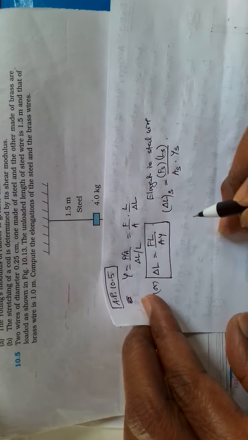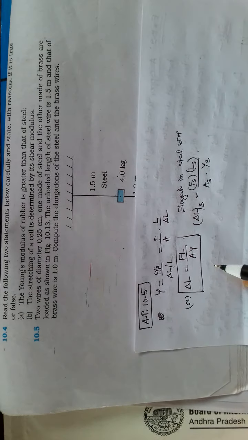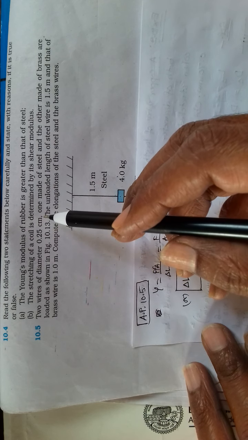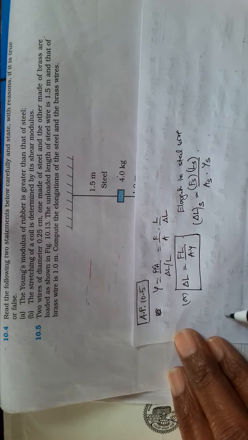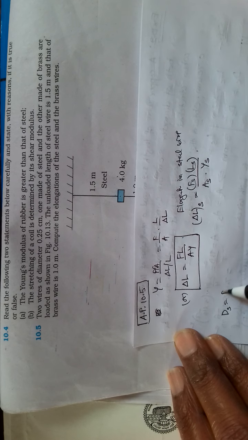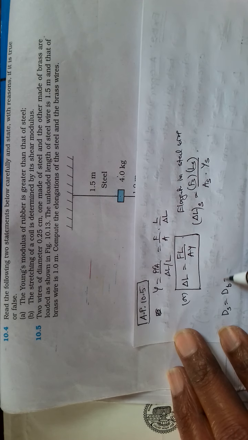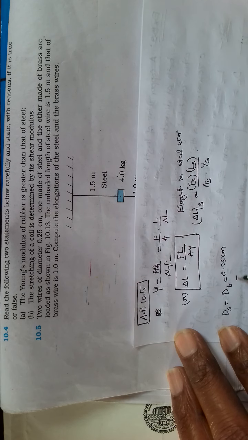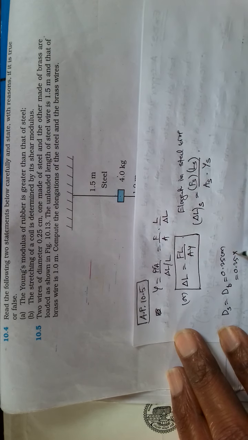Here, 2 wires of diameter 0.25 centimeter. It means the diameter of steel and diameter of brass are both the same, 0.25 centimeter. That is 0.25 into 10 power minus 2 meter.